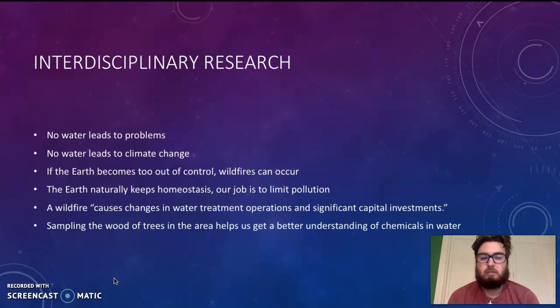There is a method of chopping wood and taking tests on the wood to see what types of chemicals are found in the water that helps the tree grow. So basically, chopping the wood and testing it will give us a clear understanding of what is harmful and what is positive.